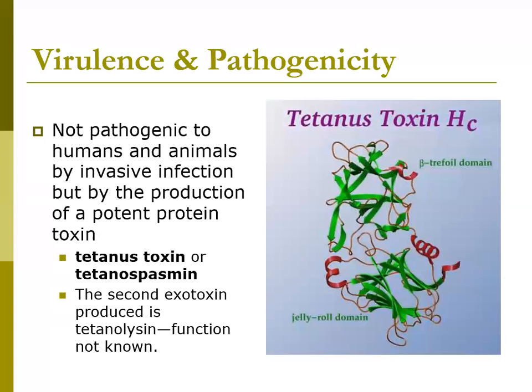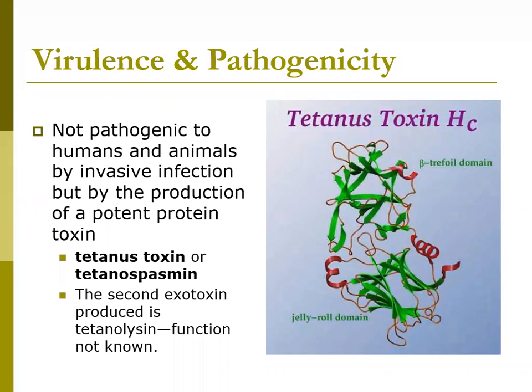Regarding the virulence and pathogenicity of this bacteria, if we see the infection, actually they do not cause any pathogenesis in humans and animals if they are invasively infecting these host species, but there is a problem with this bacteria.